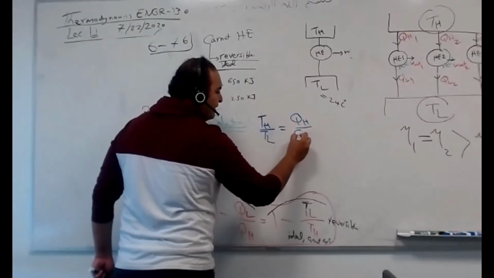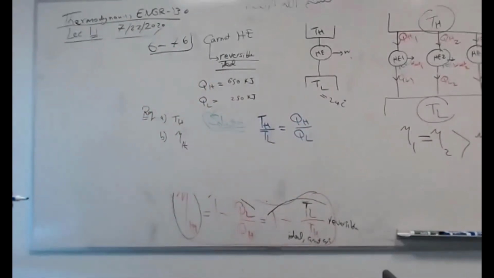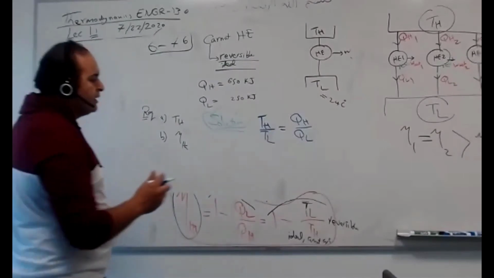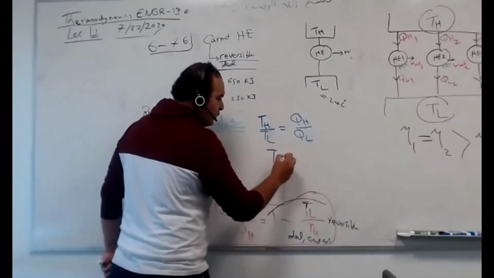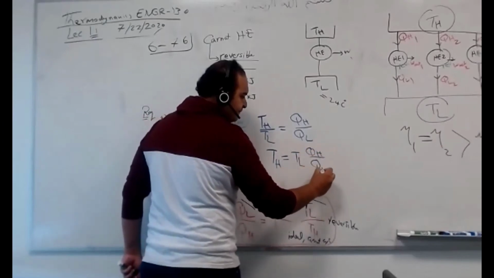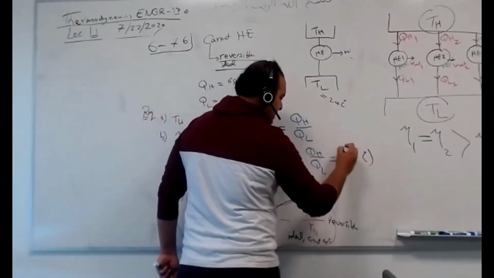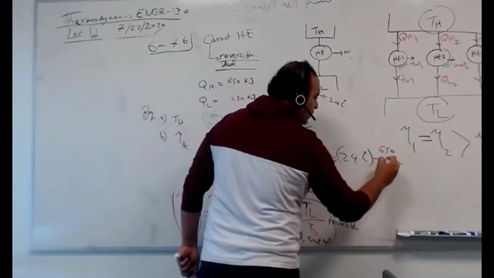This is the Lord Kelvin equation. So I want T high. So T high equals T low times this, which is 24 Celsius times Q high over Q low.